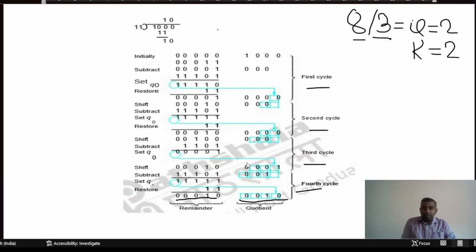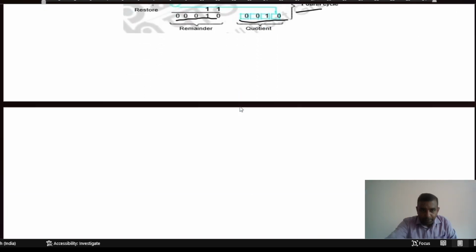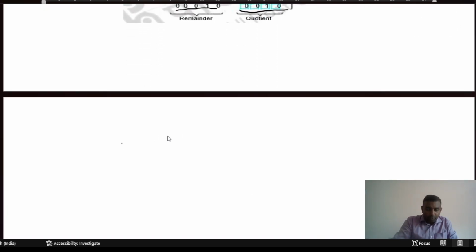So our operation is 8 divided by 3. We need to perform 8 divided by 3 as an example of the restoring division method.